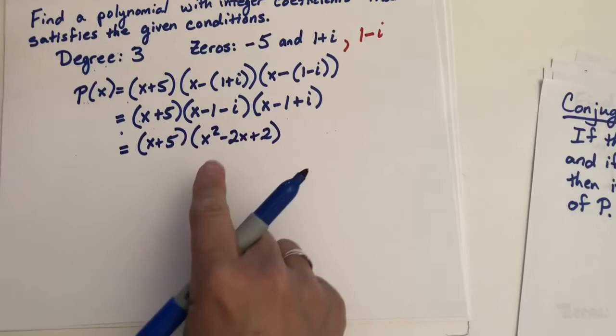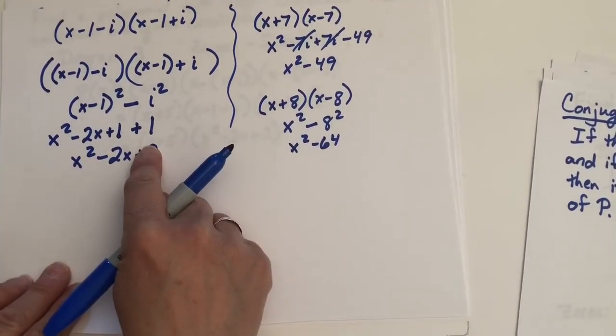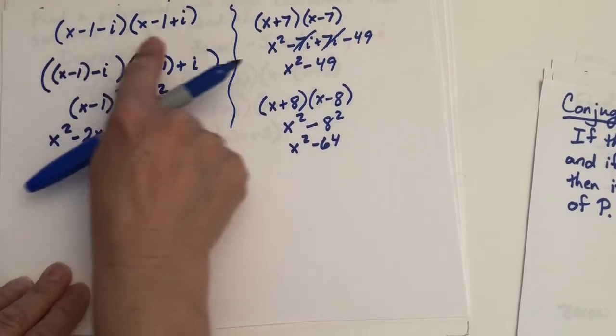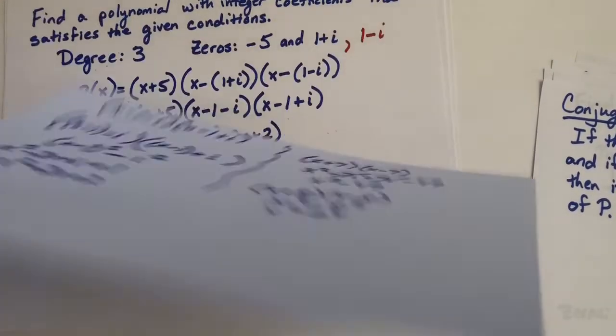And again, if you didn't particularly like this little trick, if that felt like a trick to you, then you could just multiply it out again as you would if it were two trinomials being multiplied together.